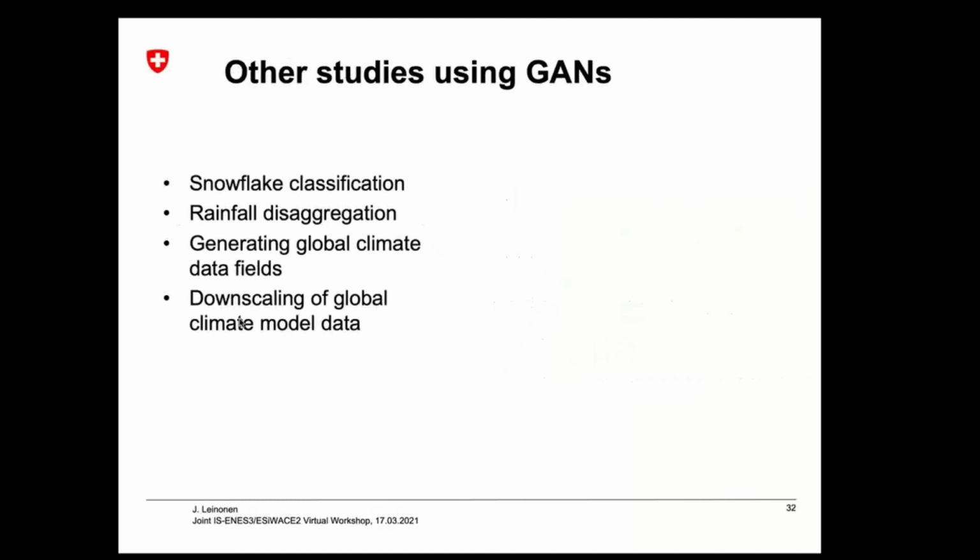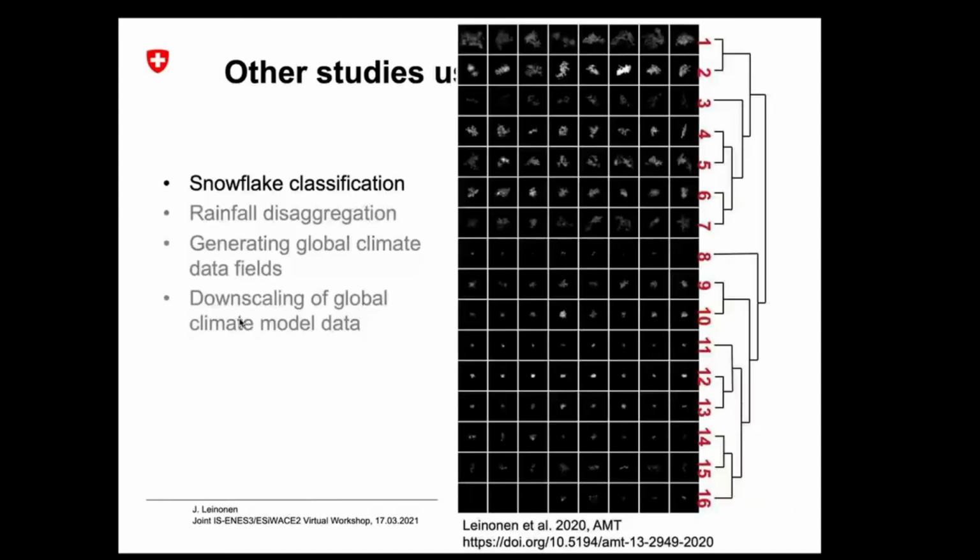Okay, so just a brief recap of some other studies that have been using GANs recently. This is a study of mine also from last year, where we were using a slightly different setup with GANs to do unsupervised classification of these in situ images of snowflakes.